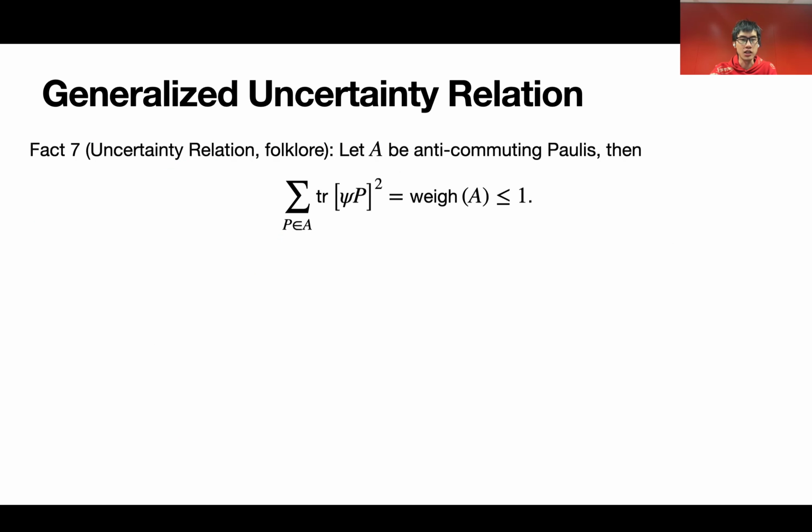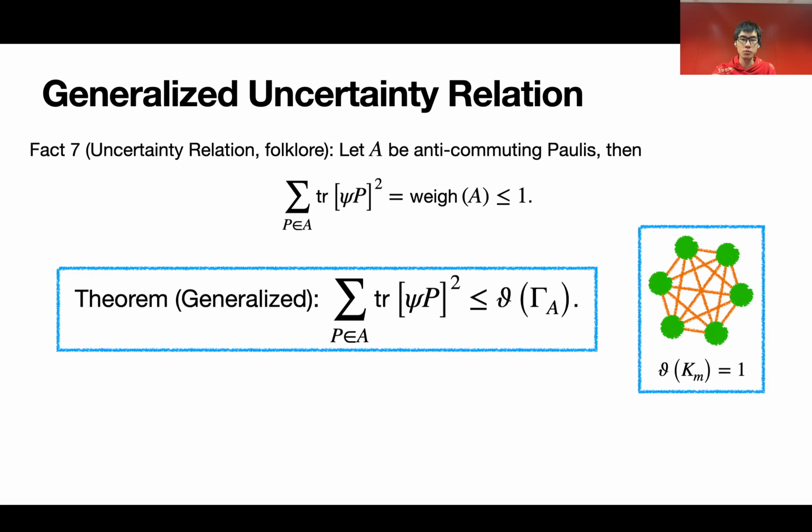So let's get into the last observation, which comes directly from the generalized uncertainty relation. First, let's look at the old uncertainty relation, which says: suppose you have anti-commuting Paulis A, then the weight of A is smaller than 1. So our generalized uncertainty relation is, for arbitrary A, where A doesn't need to be anti-commuting Paulis, you can choose arbitrary A, the weight of A is smaller than the large zeta number of the anti-commutation graph of A. Why do we call this the generalized one?